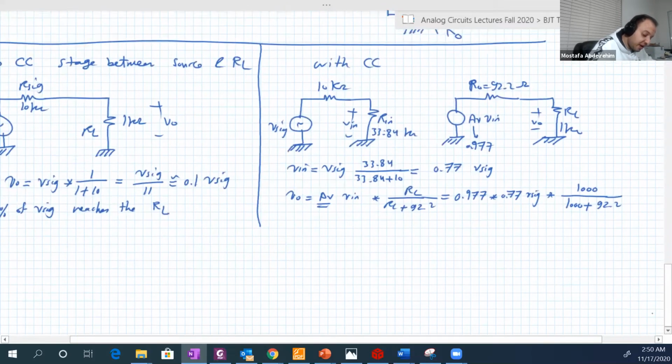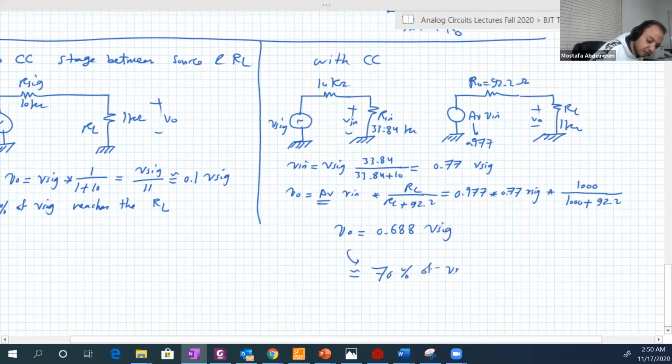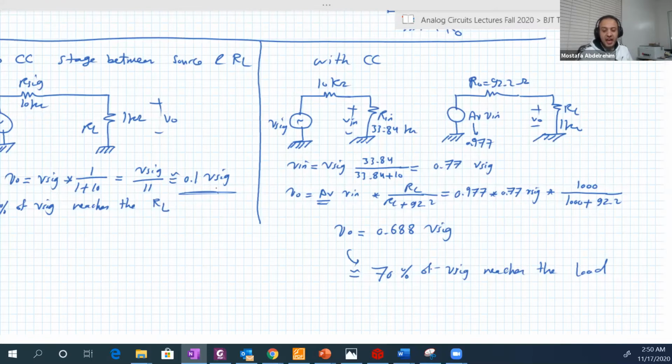So if we do the math here, VO will be equal to 0.688 V signal. So here around 70% of V signal reaches the load, while here it was only 10%. So that's actually the advantage of having this common collector amplifier.